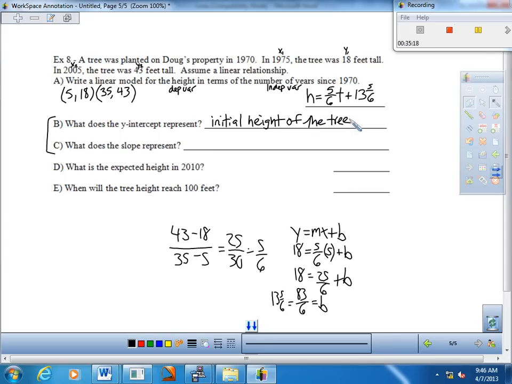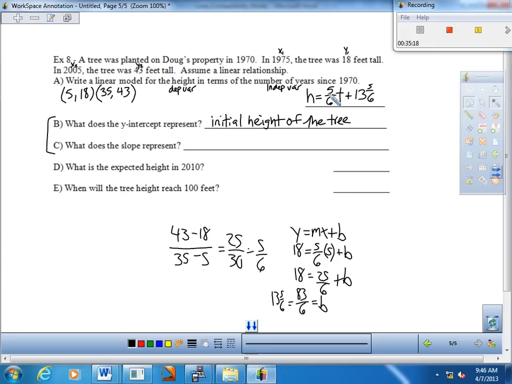Something along those lines. I tried to at least write it in a way that would get you thinking in this direction. Hey, what does the slope represent? I like this 5/6, but what does it mean? We want to be a little careful with slope. Really, slope is rate of change. And what it really means, if we've used our formula correctly, is change in y per change in x.